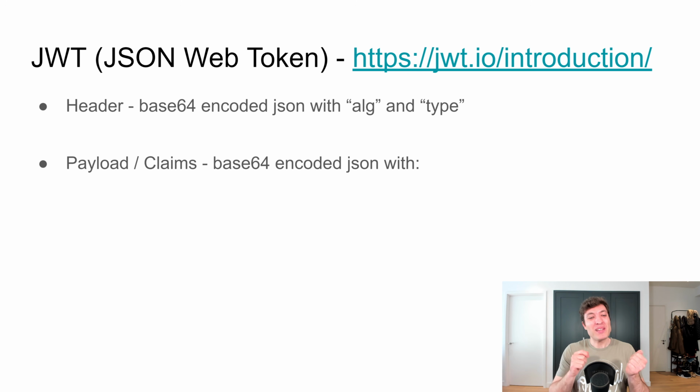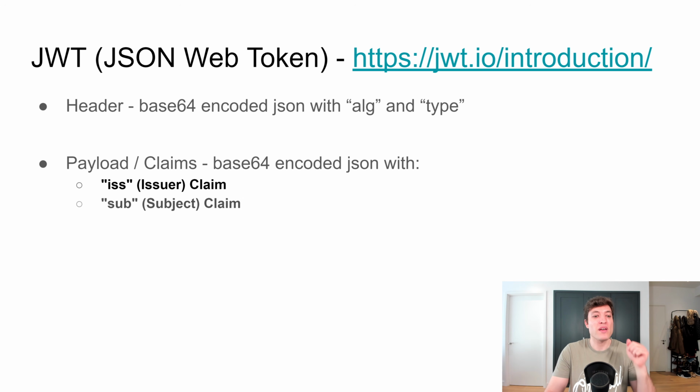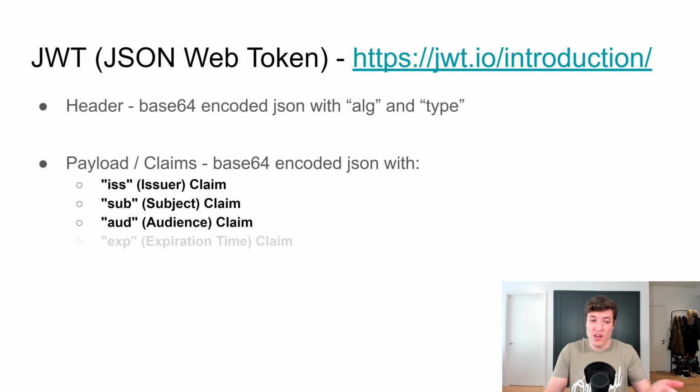So payload and claims is the second part of your JWT token, and it will be base64 encoded. And some of those keywords are reserved keywords. For example, the issuer, which is ISS, is a reserved word, okay? The subject is another one, the audience, the expiration time when that JWT token should expire.